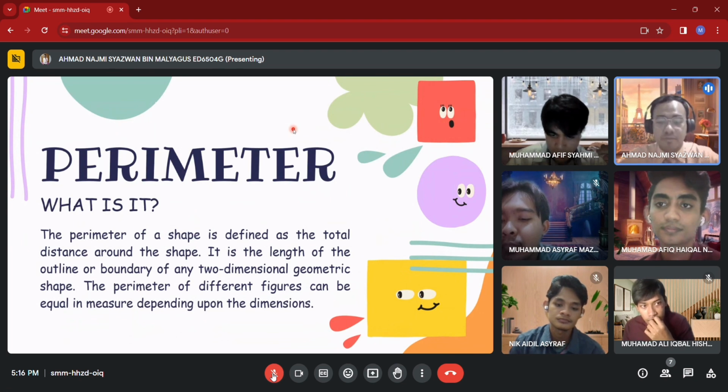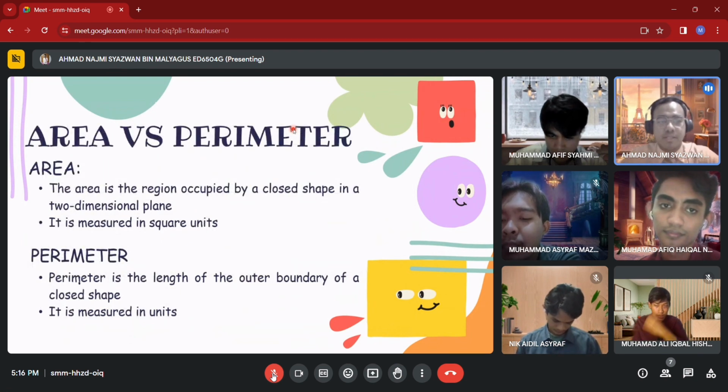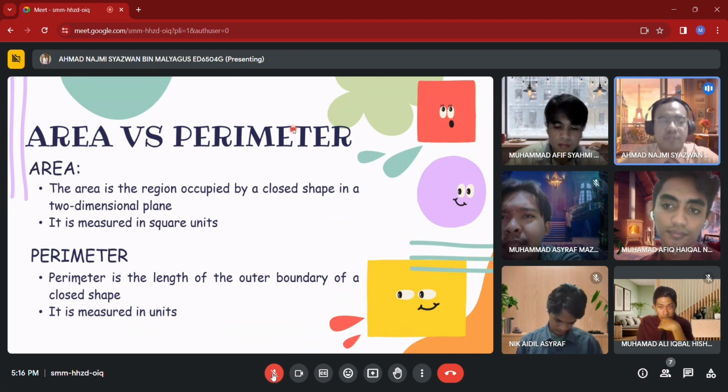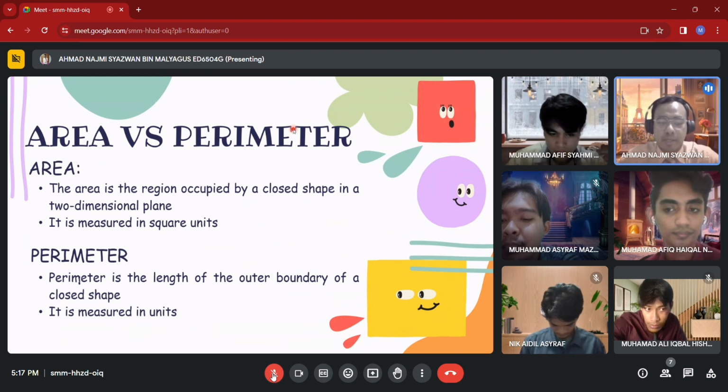So there are several basic shapes that you need to know, because if you know the basic shapes, then you will know how to answer the hard questions. So first of all, before I start, let's see what is the difference between area and perimeter. Area is the region occupied by a closed shape in a two-dimensional plane, and it is measured in square units.